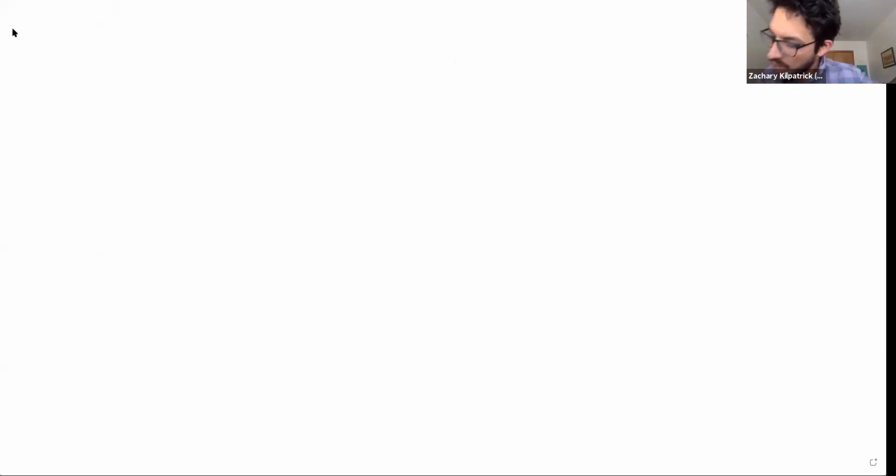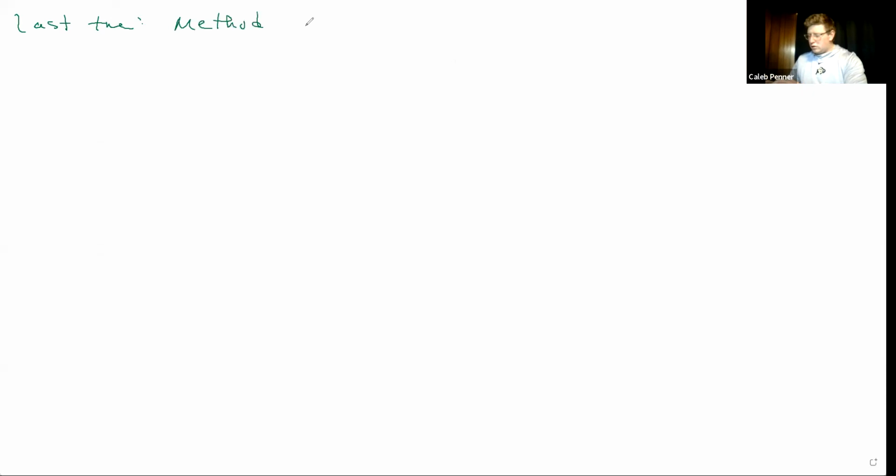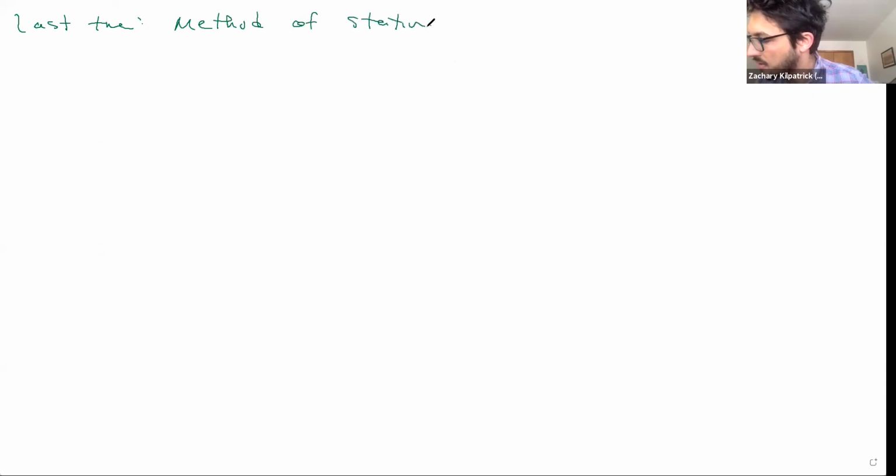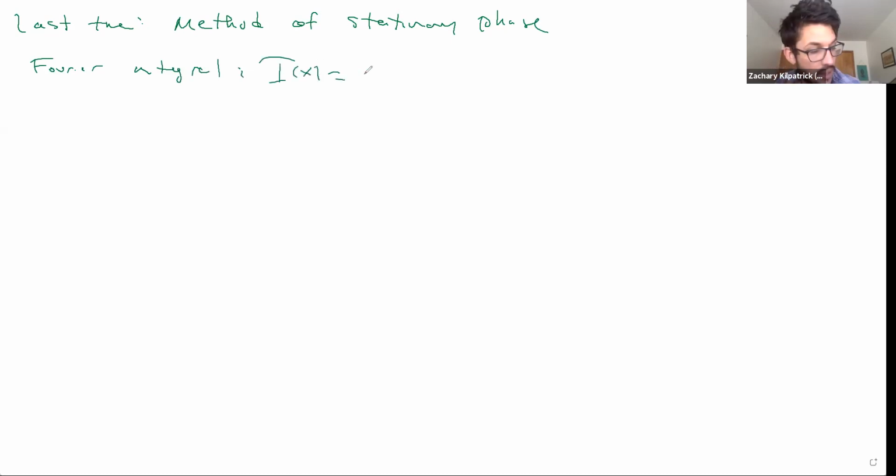Okay. So last time we introduced the method of stationary phase. And the idea here is that you have some Fourier type integral with a rapidly oscillating function with some amplitude modulation.